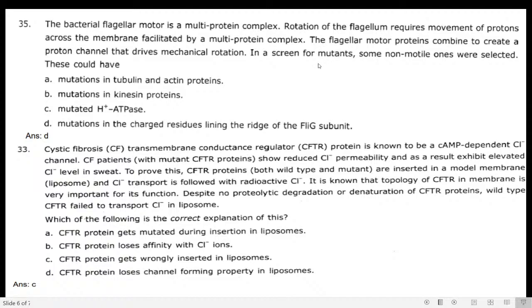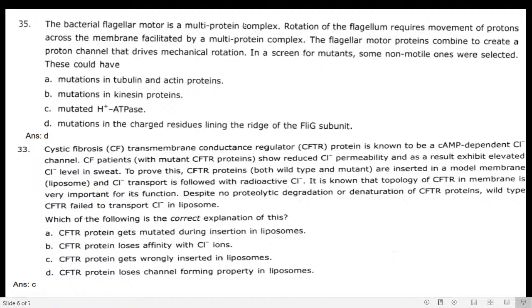In a screen for mutants, some non-motile ones were selected. Read the story: there is a motor on the cell surface of bacteria, a multi-protein complex that needs protons for its activation.